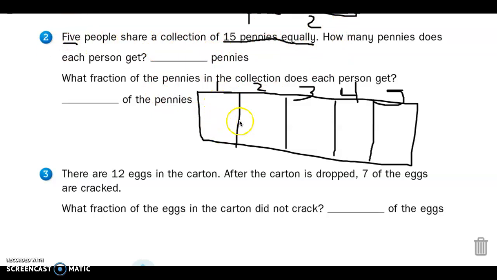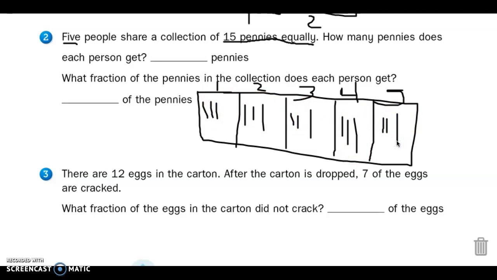So 5 people, I have 1, 2, 3, 4, 5. 1, 2, 3, 4, 5, and I'm going to keep counting up till I get to my total. 6, 7, 8, 9, 10, 11, 12, 13, 14, 15.